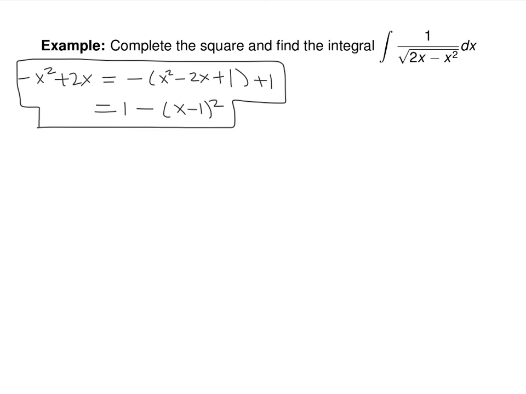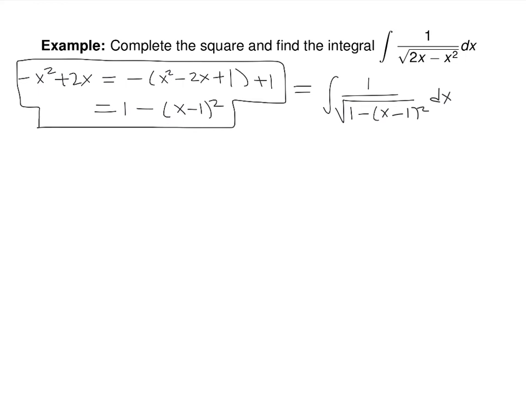So your original integral now becomes the integral of 1 over the root of 1 minus the quantity x minus 1 squared dx. And these substitutions are much easier when you're able to do them with sines and cosines. And this one's actually even easier than that.